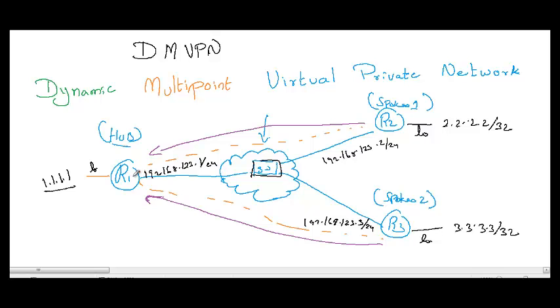So with the help of R1, R2 can form a tunnel with R3 like this. See, R2 and R3 have no direct contact, but still R2 and R3 can form a tunnel directly.